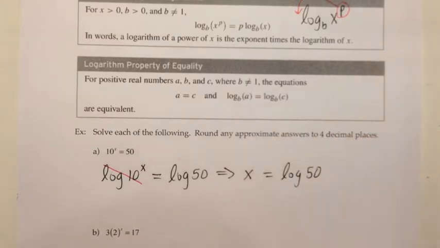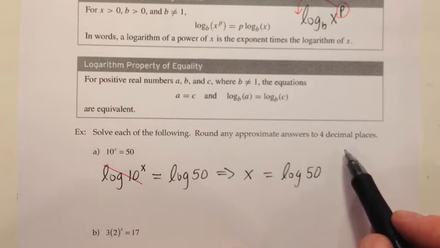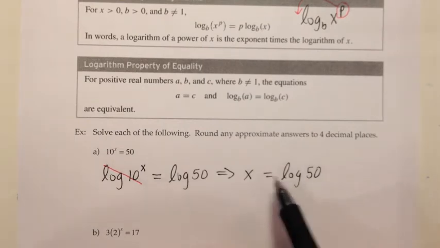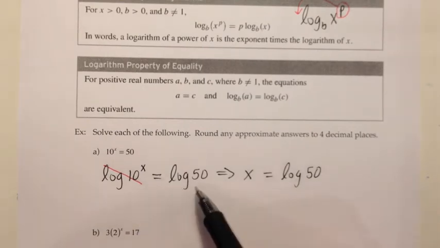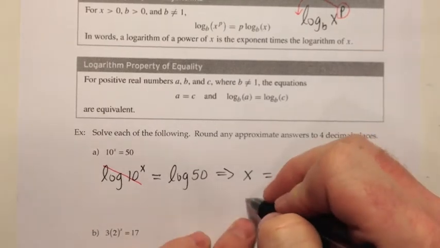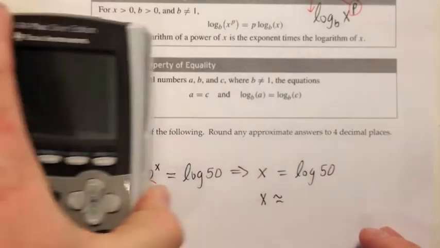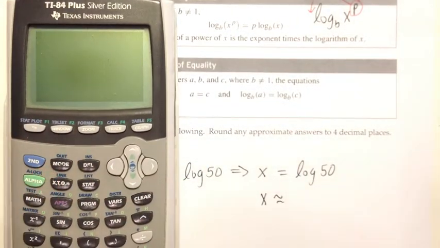So this should be my answer, but they want it approximated to 4 decimal places, so I'm going to bring in the calculator. It's really important that I took the log base 10 because that's a log that is on the calculator. So I can go to the calculator at this point, enter in the log of 50, and that would be an approximation for my answer.